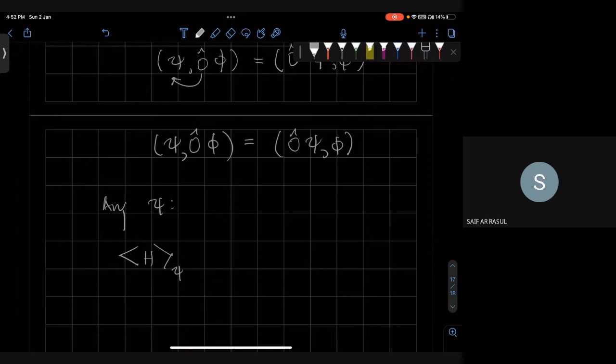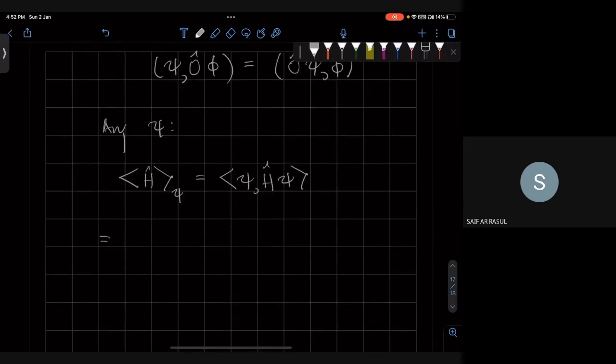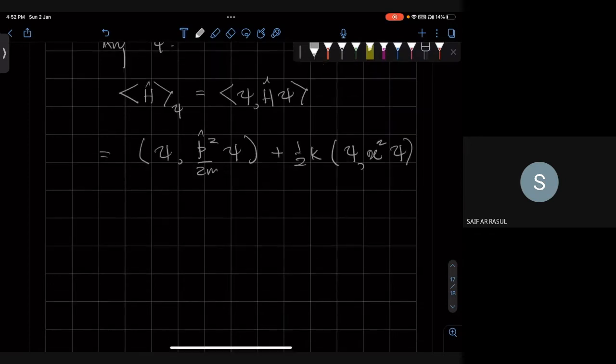and compute the expectation value of the Hamiltonian in that state, what do we get? We get psi H hat psi. Now H hat has two terms. One is the kinetic term, p squared by 2m, plus half of k, psi x squared psi.